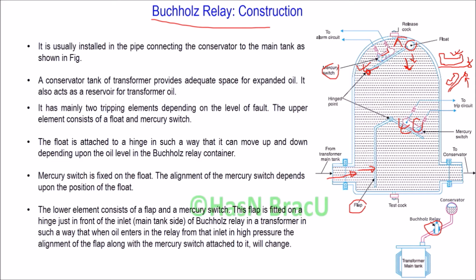So, for operating this Buchholz relay, there are two tripping elements. One is the upper tripping element and one is the lower tripping element. Upper tripping element is connected to the alarm circuit and lower tripping element is connected to the trip circuit.